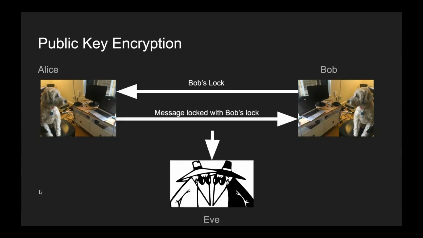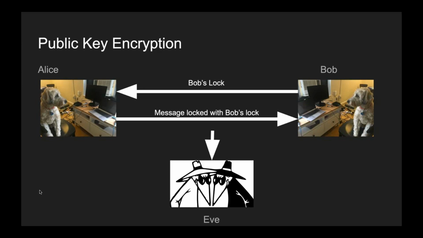But there's a very cool idea from Diffie and Hellman in 1976, which is basically to separate the key into two pieces, commonly referred to as the public key and the private key. I will keep calling the private key just the key, and I will call the public key the lock, because I think it makes a lot more intuitive sense for beginners to imagine a lock and a key.